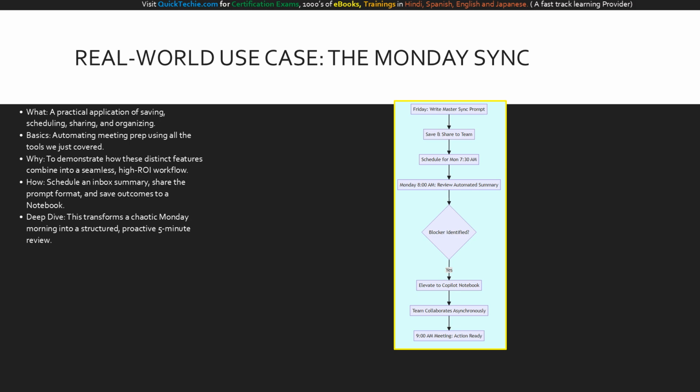The decision diamond asks, blocker identified. If yes, you follow the path to elevate it to a Copilot notebook. From there, your team collaborates asynchronously inside the notebook. By the time you reach the final node, the 9:00 a.m. meeting, you aren't discovering problems. You are presenting solutions. This is the ultimate power of managing AI conversations.